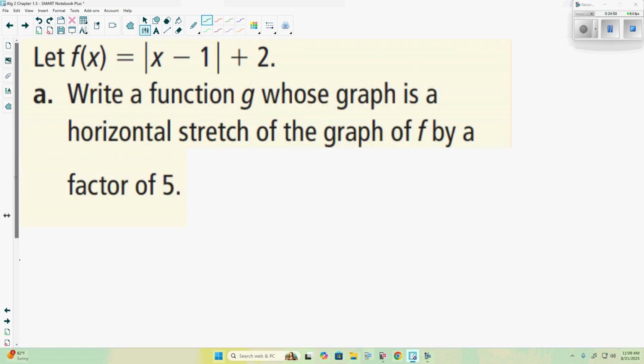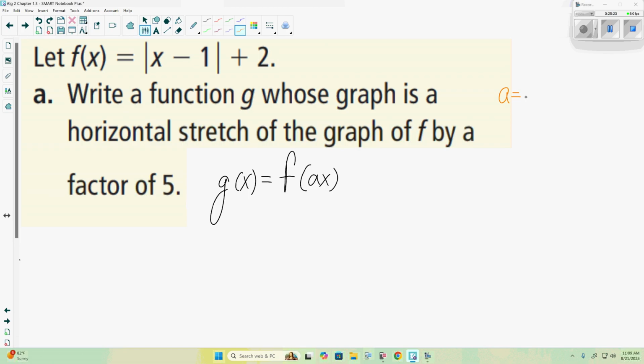Write a function g whose graph is a horizontal stretch of the graph of f by a factor of 5. The g of x equals f of a times x, that's our horizontal stretch or shrink. The value they gave us for this stretch was 5, yes?